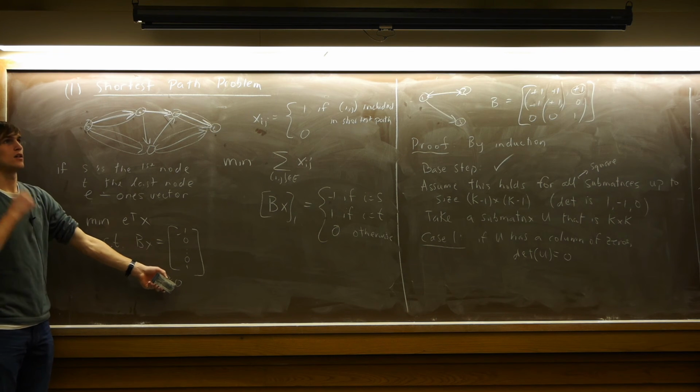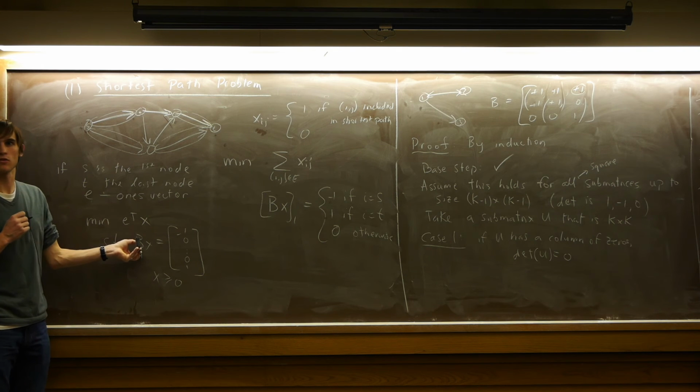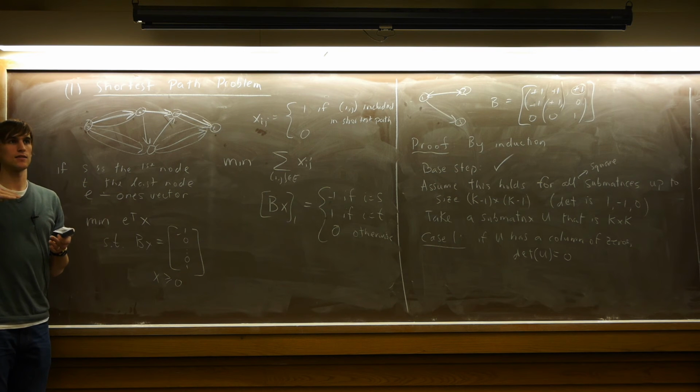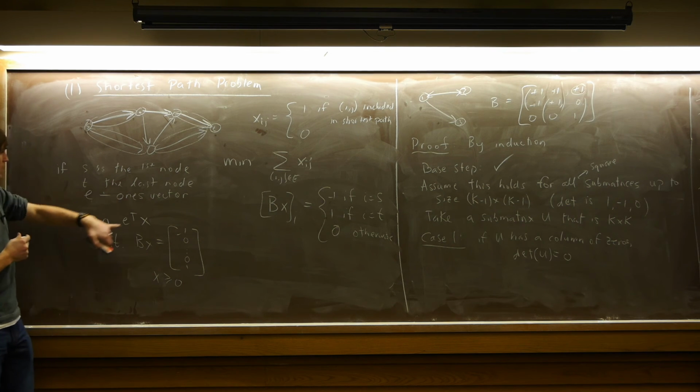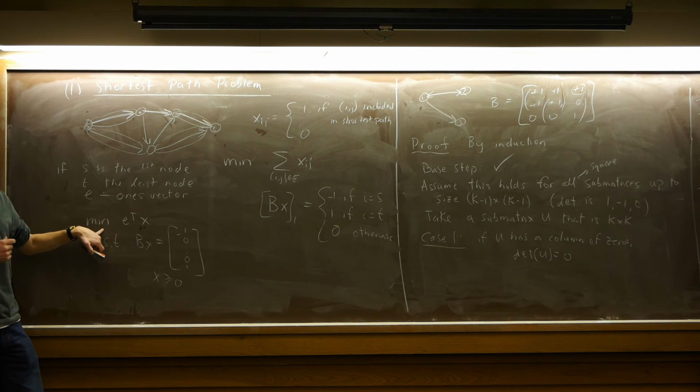And why is it always 0 or 1? Because the fact that it's totally unimodular only makes me sure that it's going to be an integer. But how come it's not 2 or 3 or 4 or 5? Well, that's just because I'm minimizing over all the xij's. So I would never have an xij equal to 2, because I could just as easily have it be 1, which would be better for my objective.